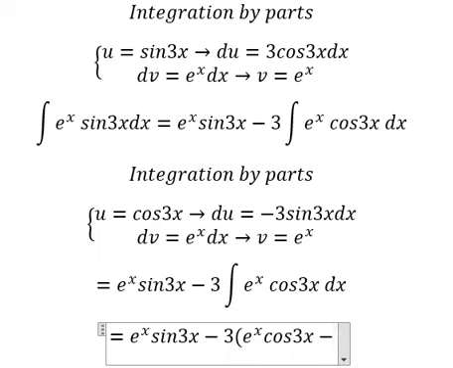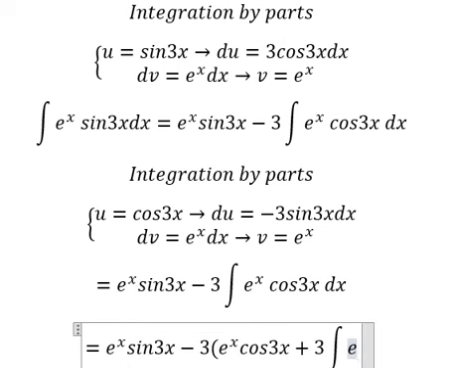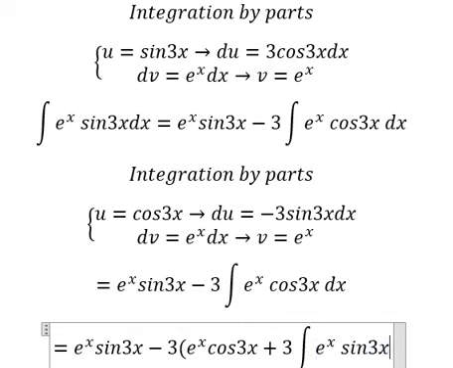Negative and negative we have positive, and then we have 3 times the integration of e to the power of s sin 3x ds.